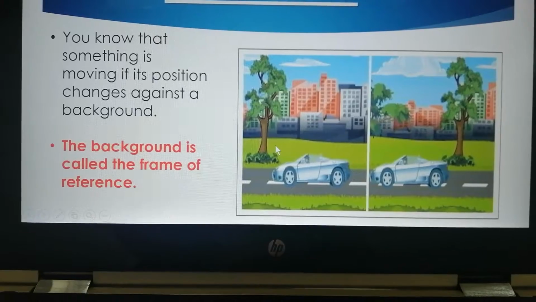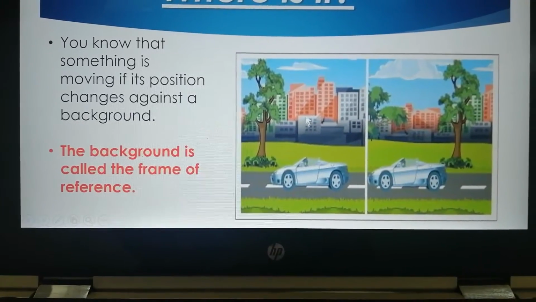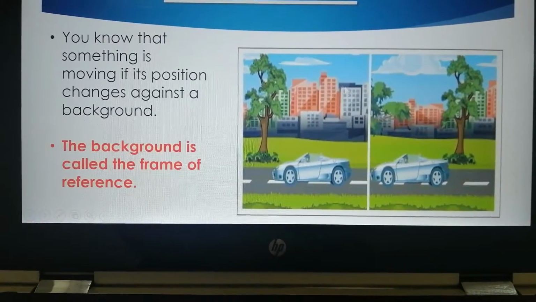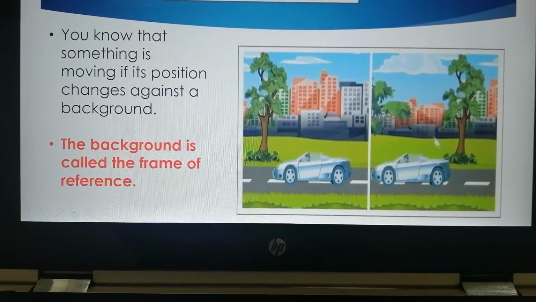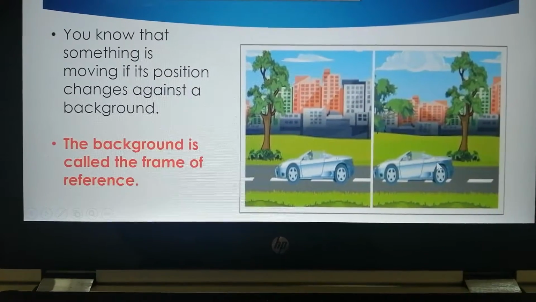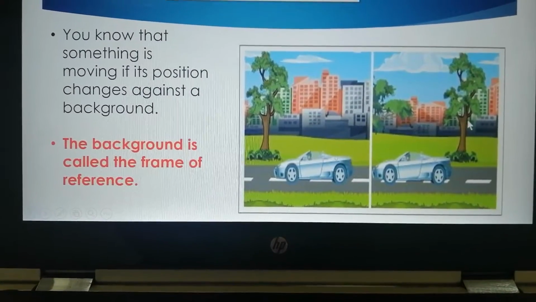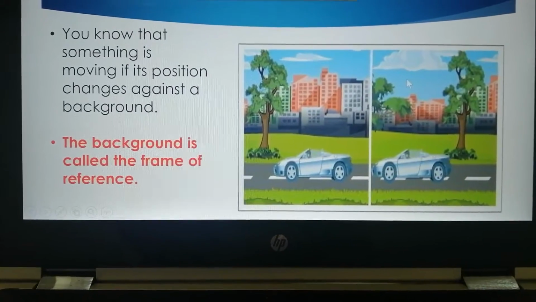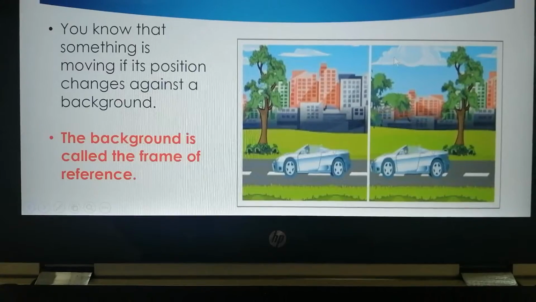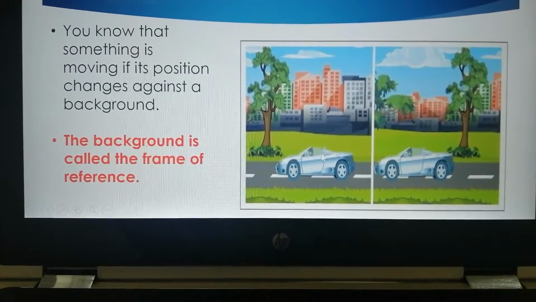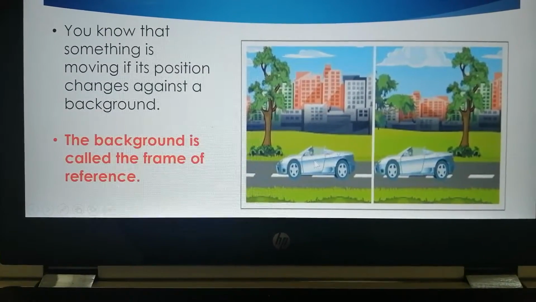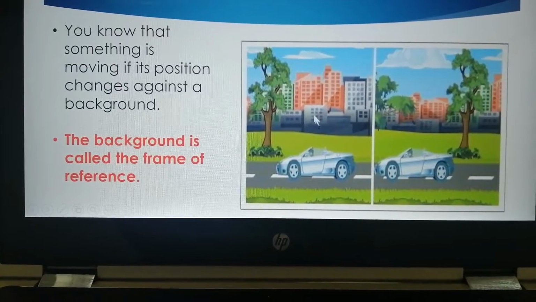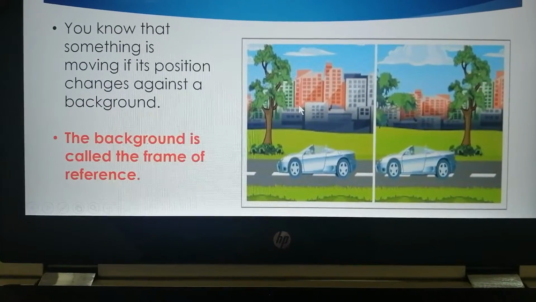Here it was in front of the car, and the buildings were high buildings. This is the background. After a while, we find the tree behind the car, and the buildings, they are different. Even the clouds are different. So we know that this car was moving because its background is changed.